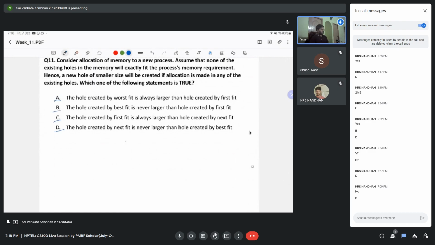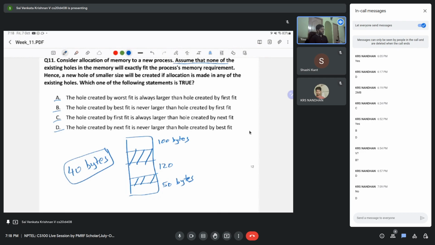They have given a scenario, like say this is your memory, and none of the existing holes will exactly fit. Say this part is allocated and this part is allocated, and say this is 100 bytes, and this is 120, and this is 50 bytes, and you're requesting allocation for say 40 bytes.